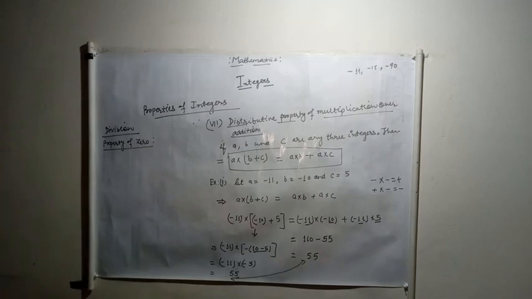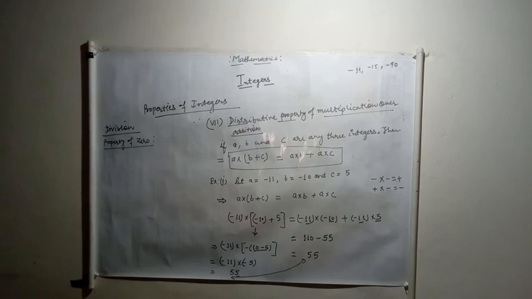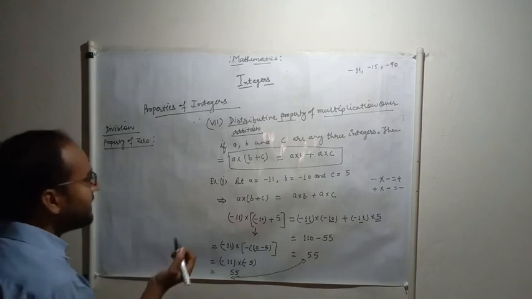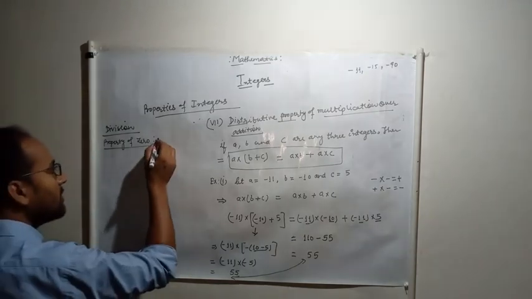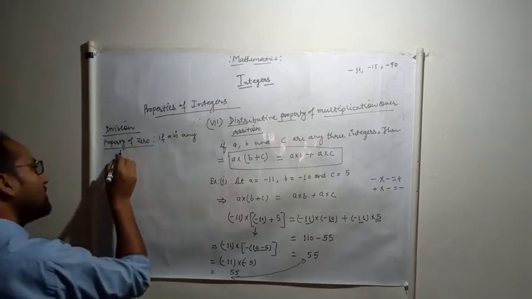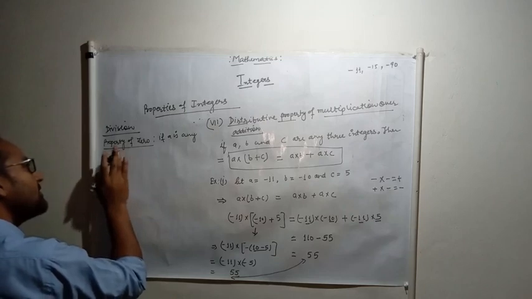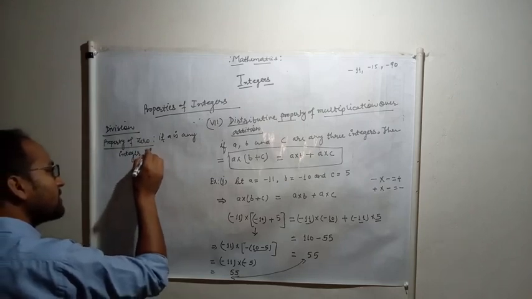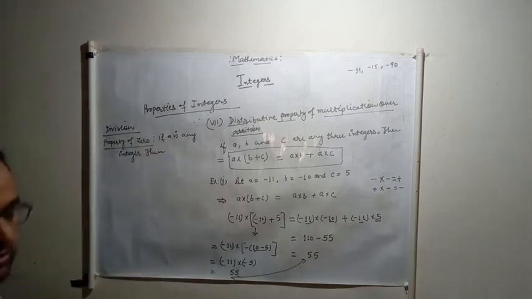Property of 0 means that if you divide 0 by any integer, your result should be 0. If a is any non-zero integer, its value is not going to be 0.